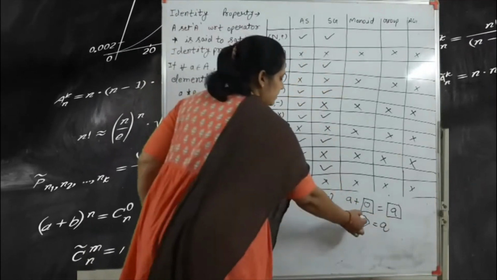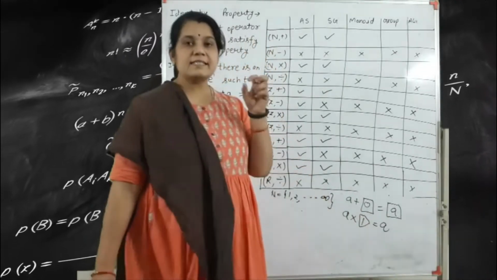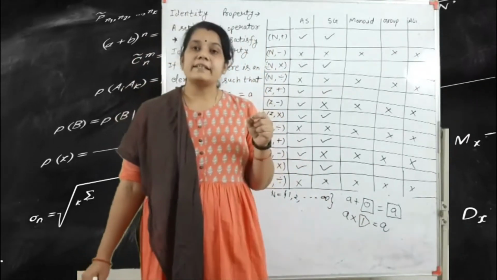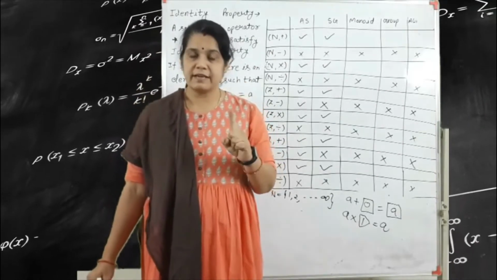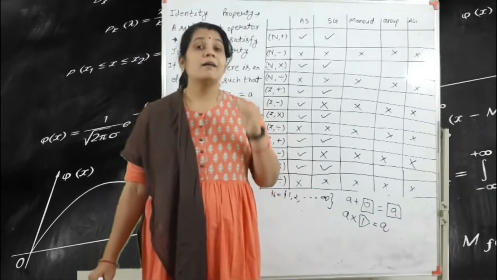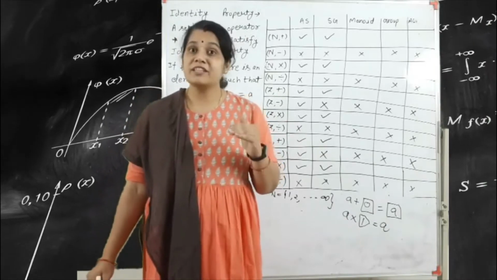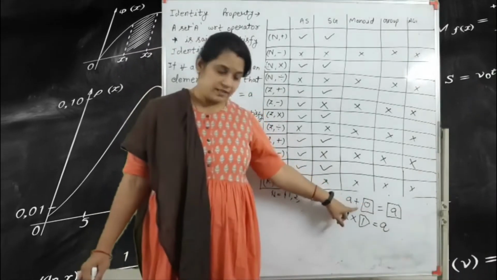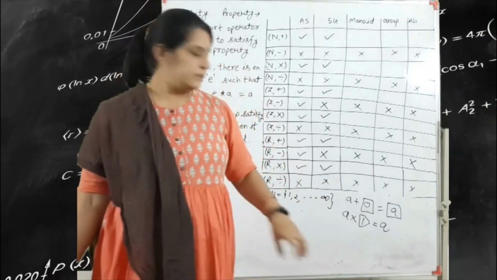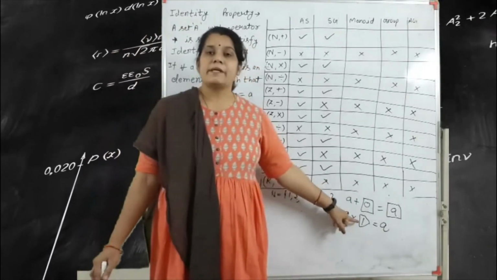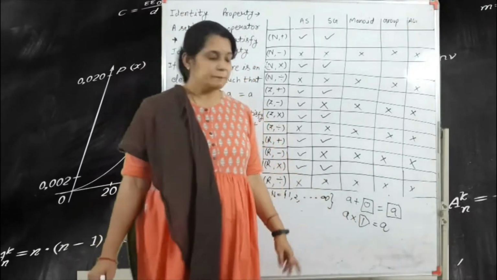Obviously here we write 1. That means 0 is the identity element with respect to the plus operator. Listen carefully. 0 is the identity element with respect to the plus operator, and 1 is the identity element with respect to the multiplication operator. Okay.